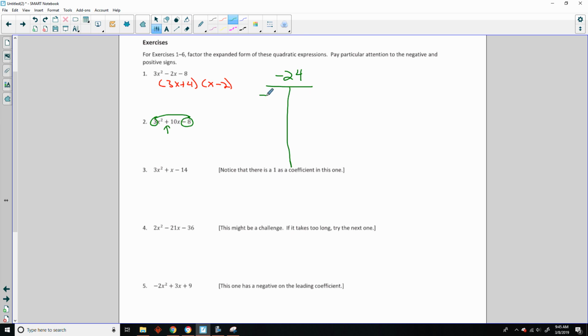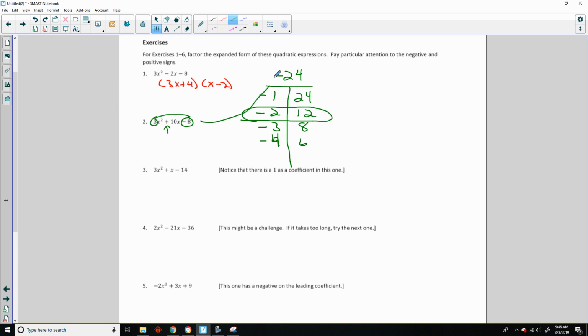Negative 1 times a positive 24, when I add them, will give me a positive sum. Negative 2 times 12. Negative 3 times 8. Negative 4 times 6. All right, so I'm looking for 10. Well, it's right here.